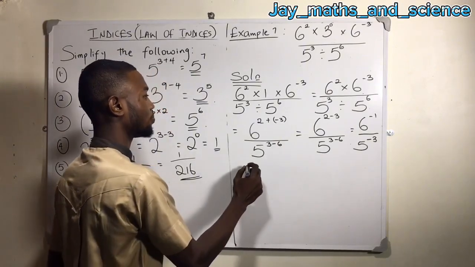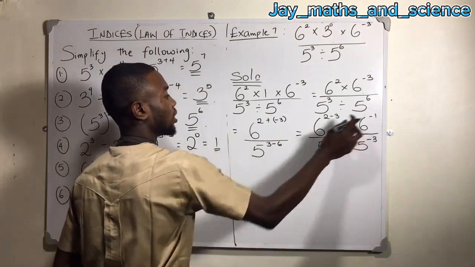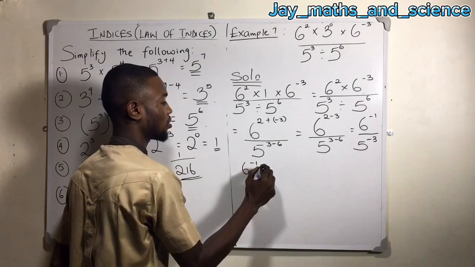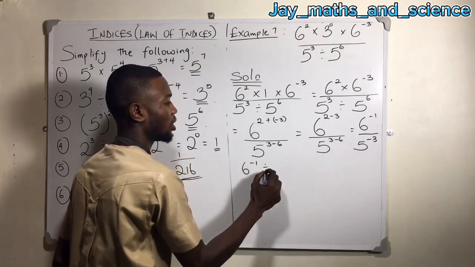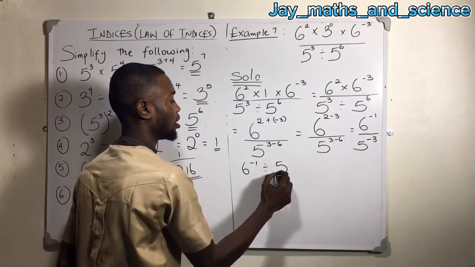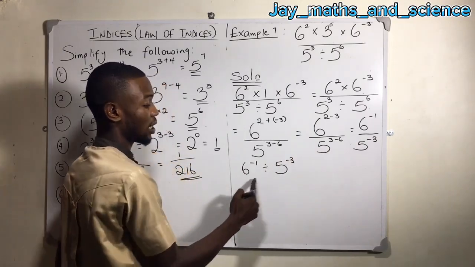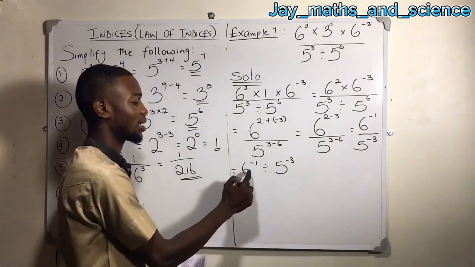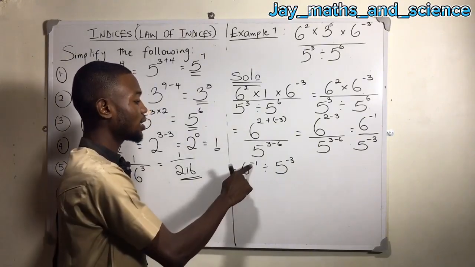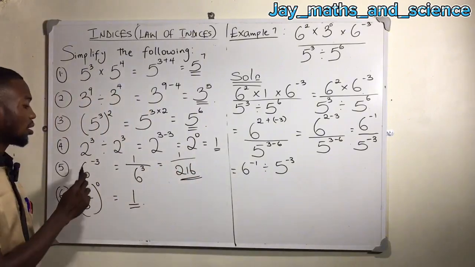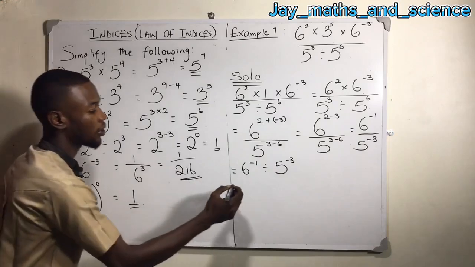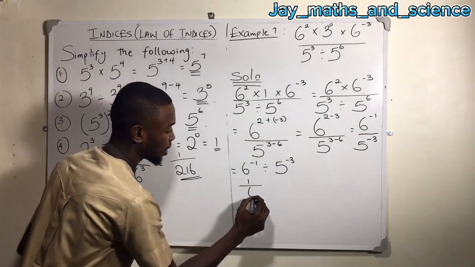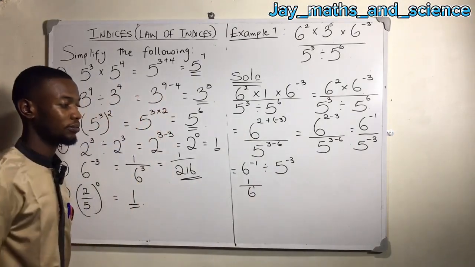So we are going to have, for this, I told you that we can rewrite it to be, this division can become this, then this 5 can become this, minus 3. They are not of the same base, so we can't do anything, either taking one of the base. So anytime we have this, if you can still remember what I explained to you here, we are going to write it as 1 over 6 raised to the power of 1.